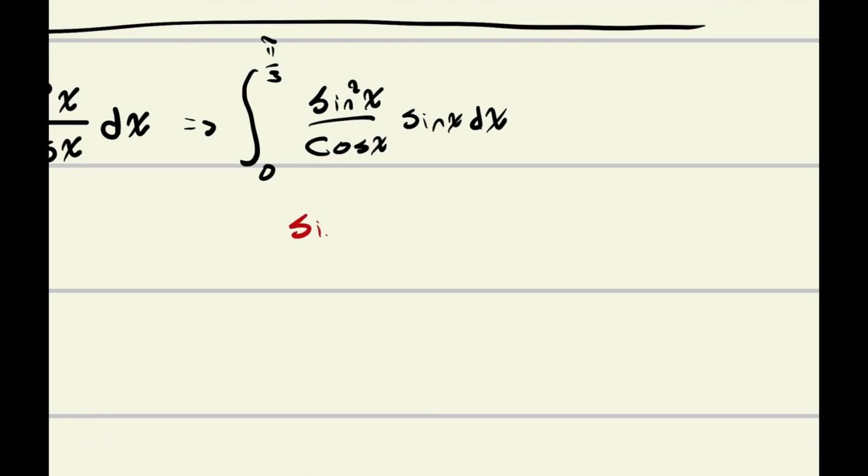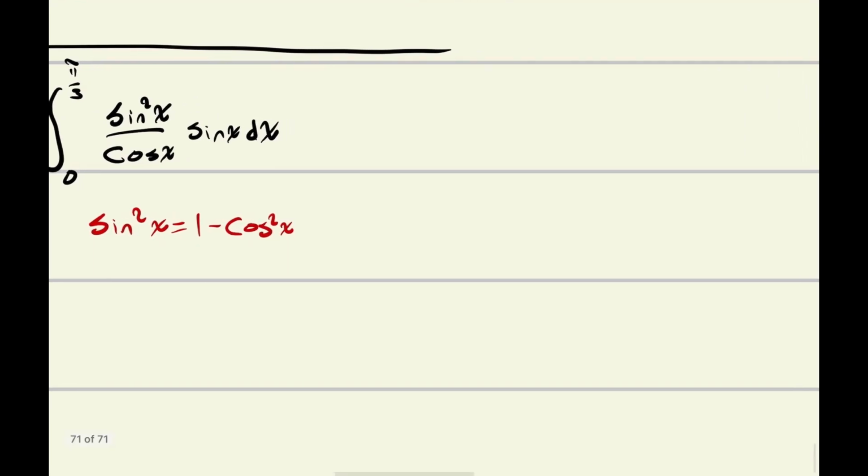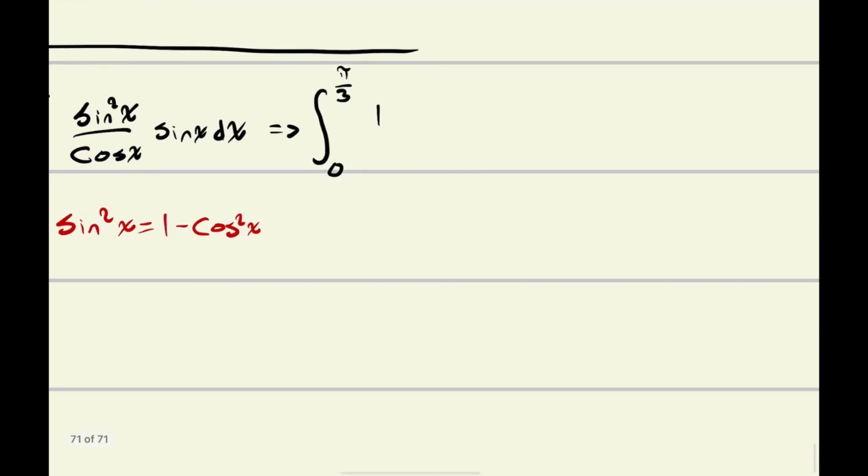We did this because we want to substitute sine squared x is equal to 1 minus cosine squared x. When we substitute that, we'll have the integral from 0 to pi over 3 of 1 minus cosine squared x over cosine x times sine x dx.